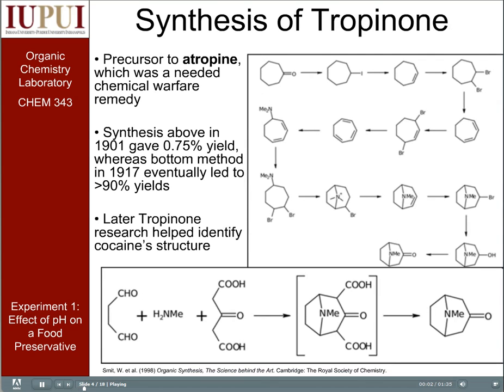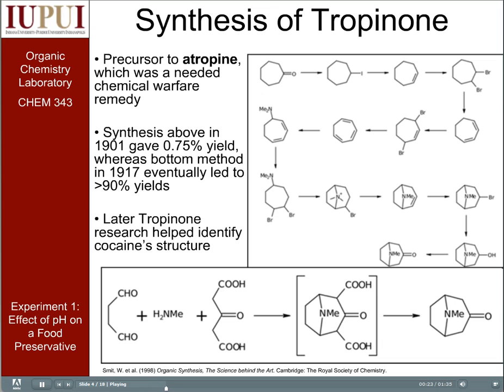So organic chemists had to set out to synthesize enough atropine that it could be readily supplied to all the field medics who would be out on scene in World War I or II, so that if chemical warfare agents were employed, they could immediately deliver atropine to a major artery.